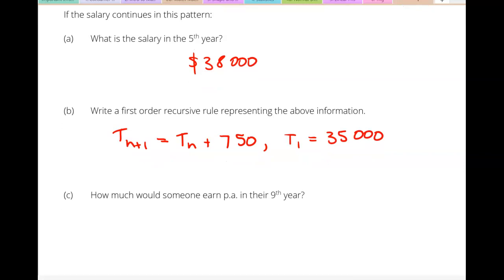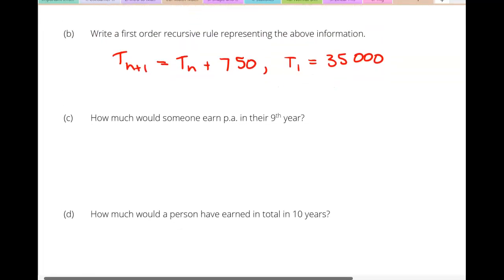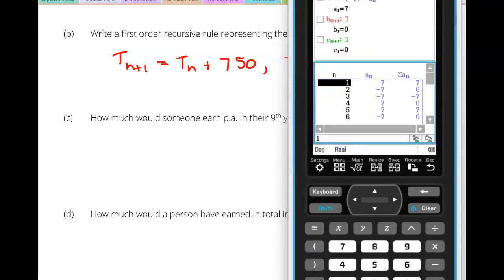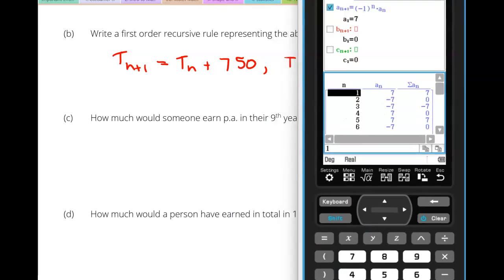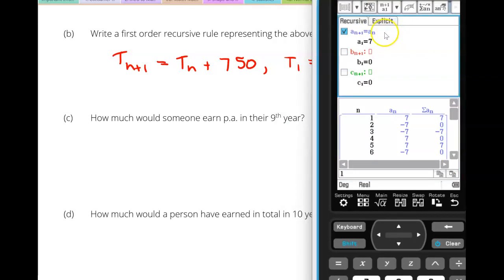So how much would someone earn in their 9th year and then the total over 10 years? You can keep going and keep adding 750 if you want, or if you recall from last time I saw you, we did set up some sequences in the sequence app on the calculator. So in this case, it would be An plus 750.